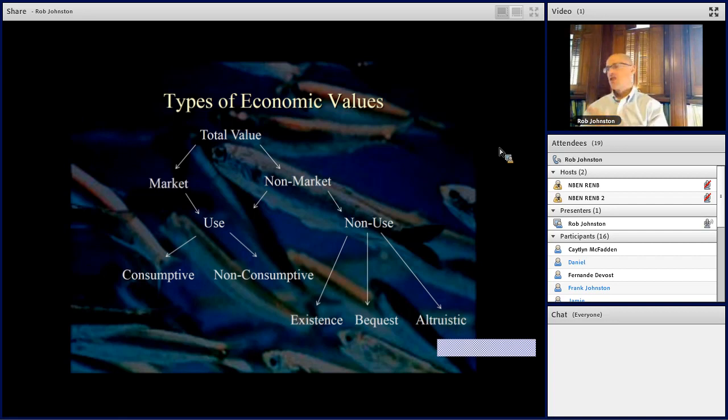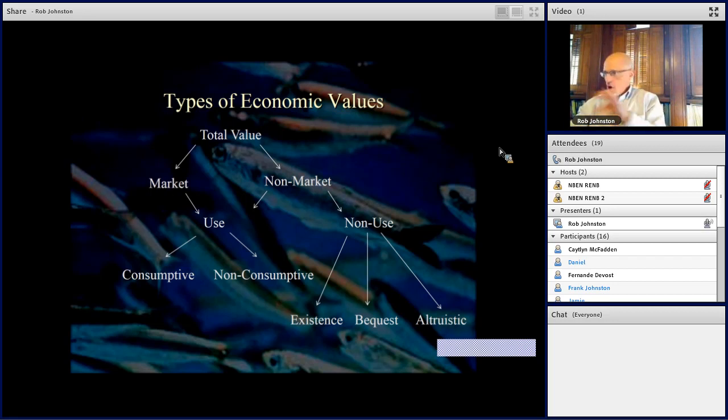It might be something they're never going to use, but at the end of the day, I would be willing to pay to ensure the preservation of a species I care about. That's an existence value. Or the fact that I want to pass on a healthy world with healthy ecosystems to future generations. That's a bequest value. So there's a whole bunch of types of values that we have to consider when we think about an adaptation plan.